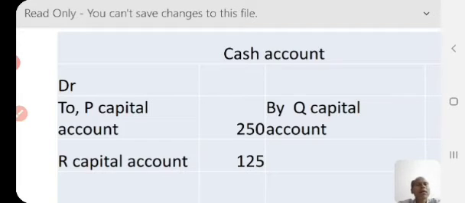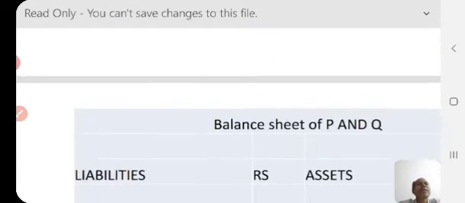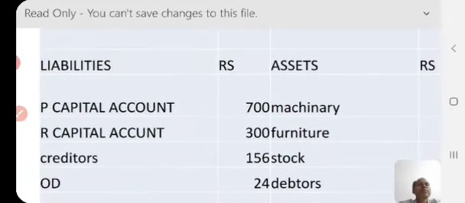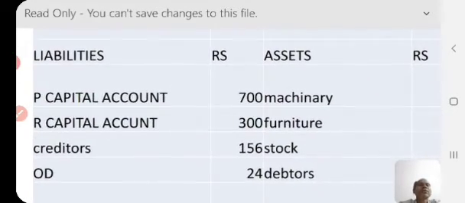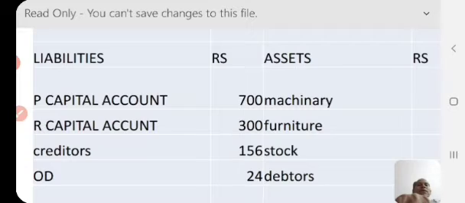Okay. Now we shall see the balance sheet. This is the balance sheet. Liabilities: P capital account balance is 700,000, R capital account 300,000.